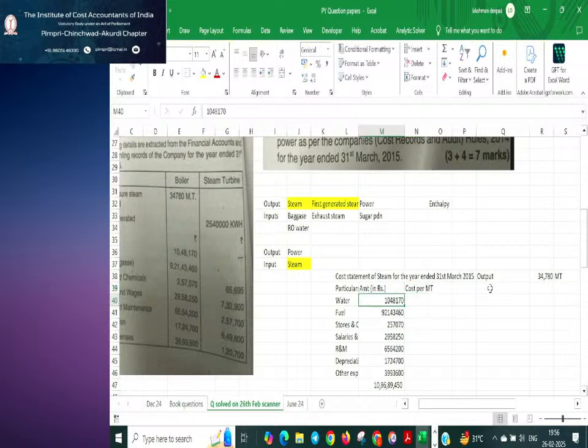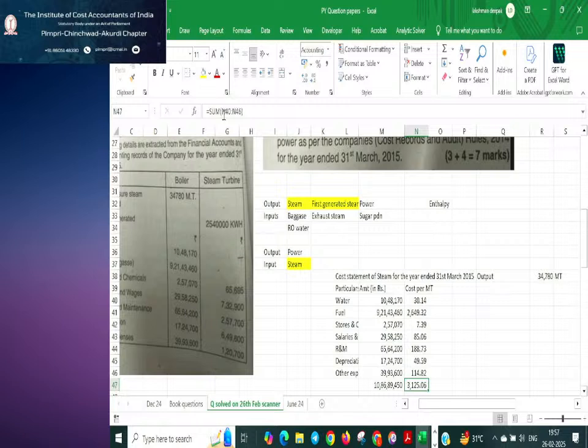If you look at the water consumption per metric ton, that is nothing but this divided by this. So totally it comes to 3,125.06, which is the cost per metric ton production value.